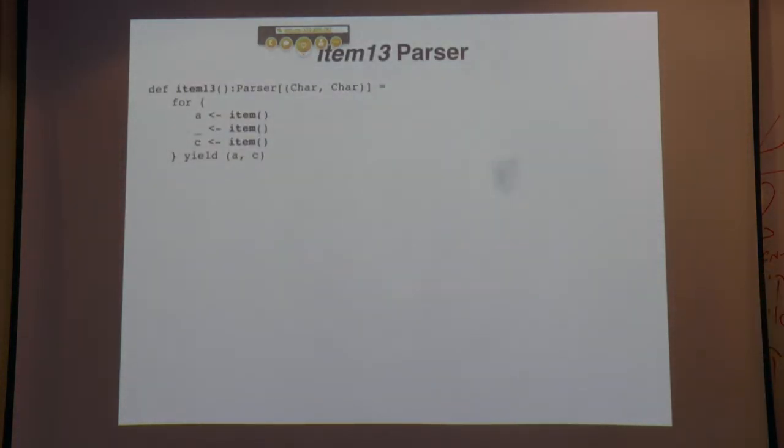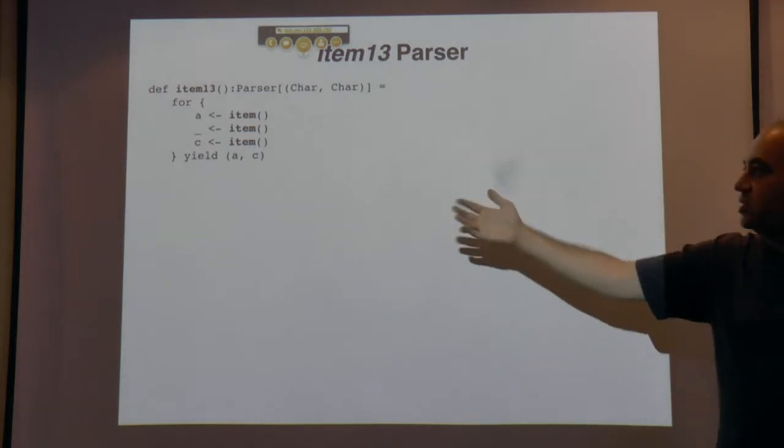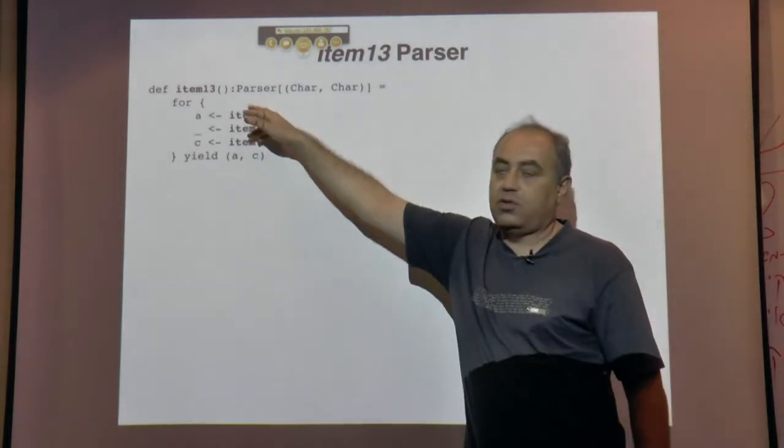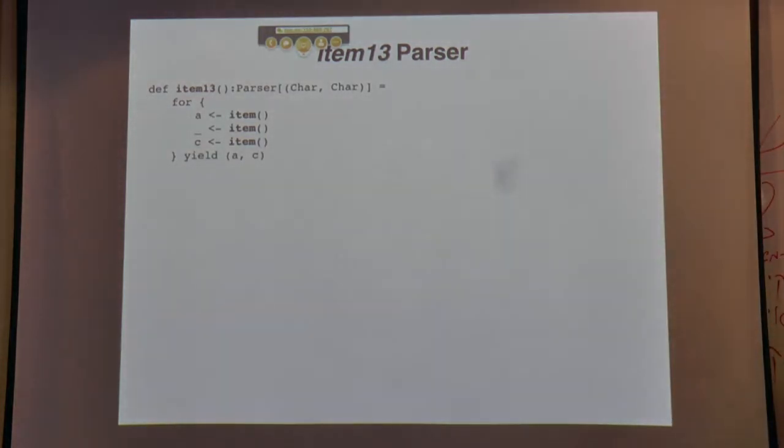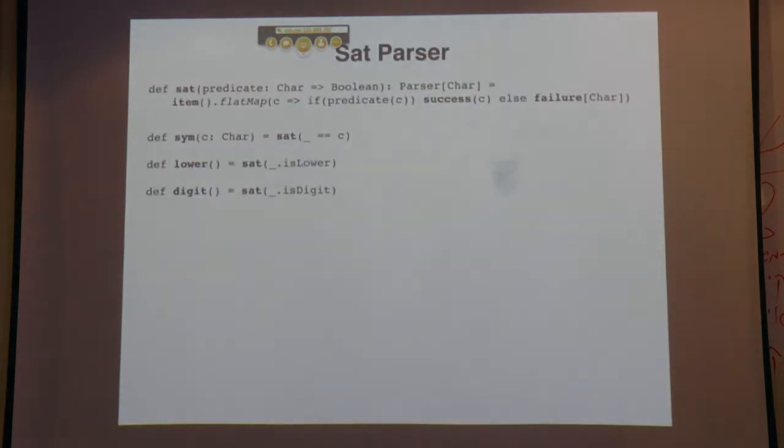I don't want to demonstrate how it works. You understand that it actually returns the first and the third character of the input string. And now let's build a few more parsers.